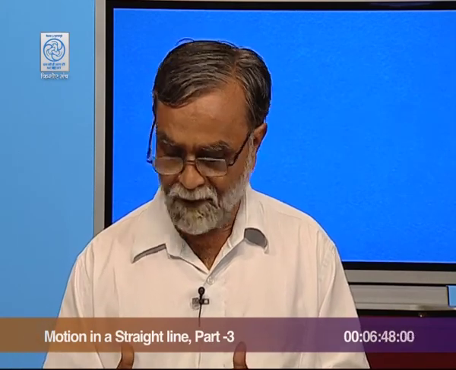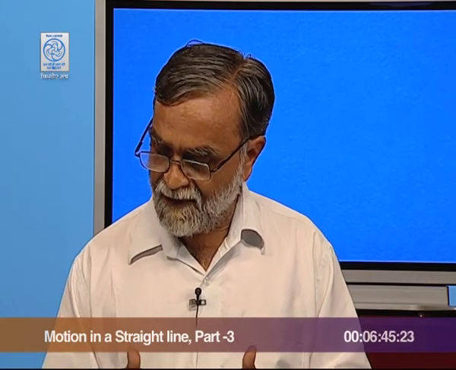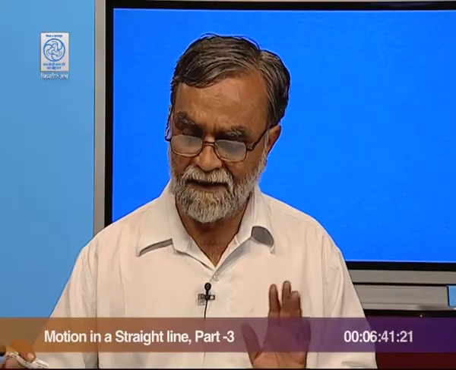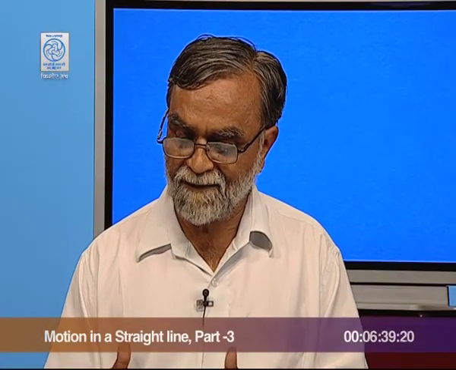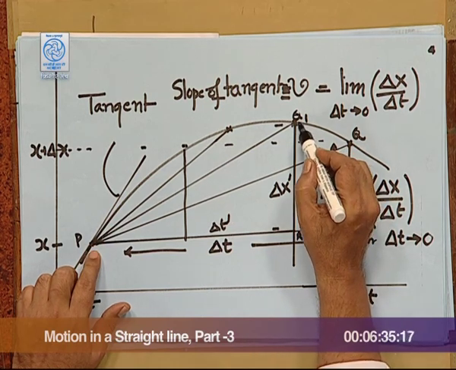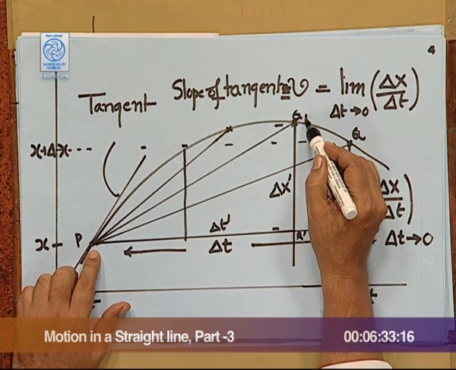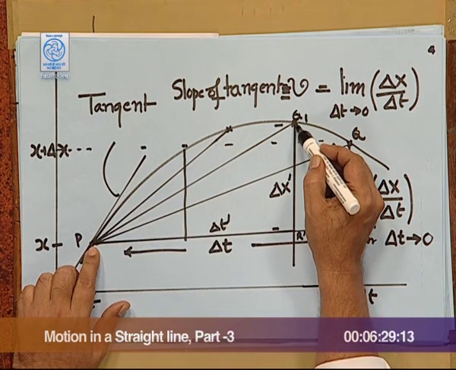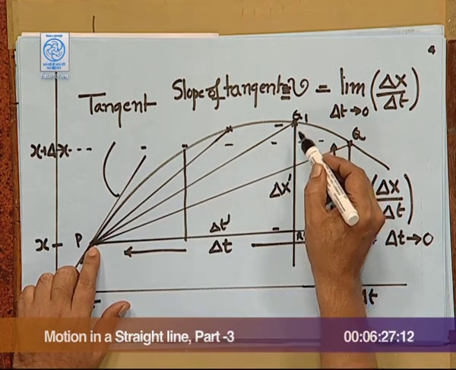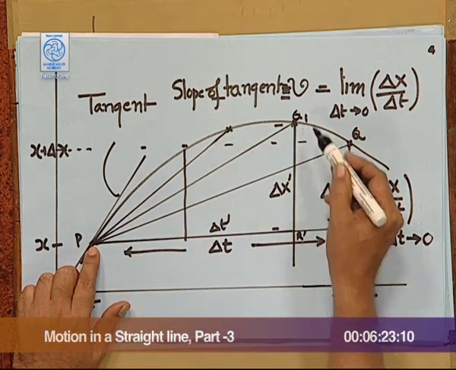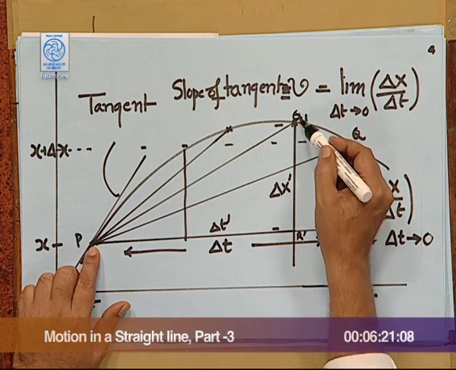Now, look what I am going to do is reduce this time interval between t and t plus delta t. Consider an interval of time which is smaller than this. At that instant of time, the object is at Q dash. Join the line PQ dash and form the right angle triangle PQ dash R dash.